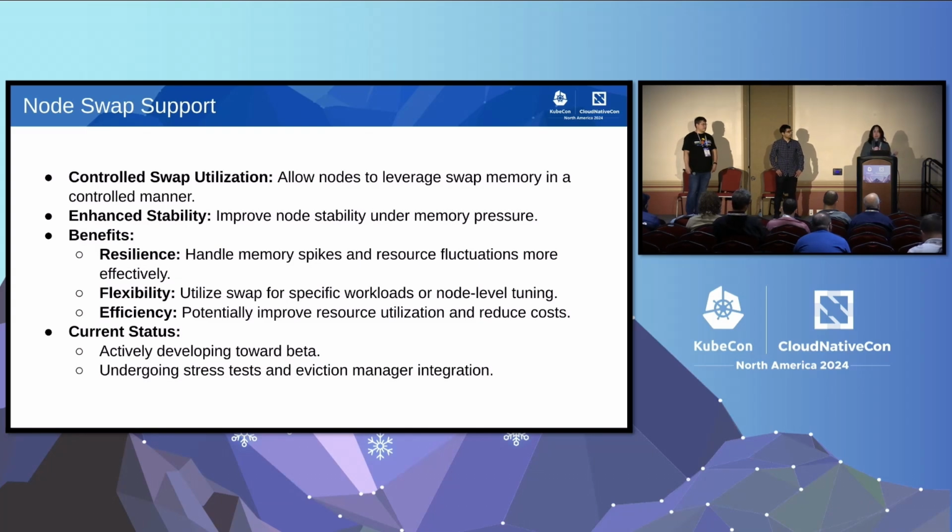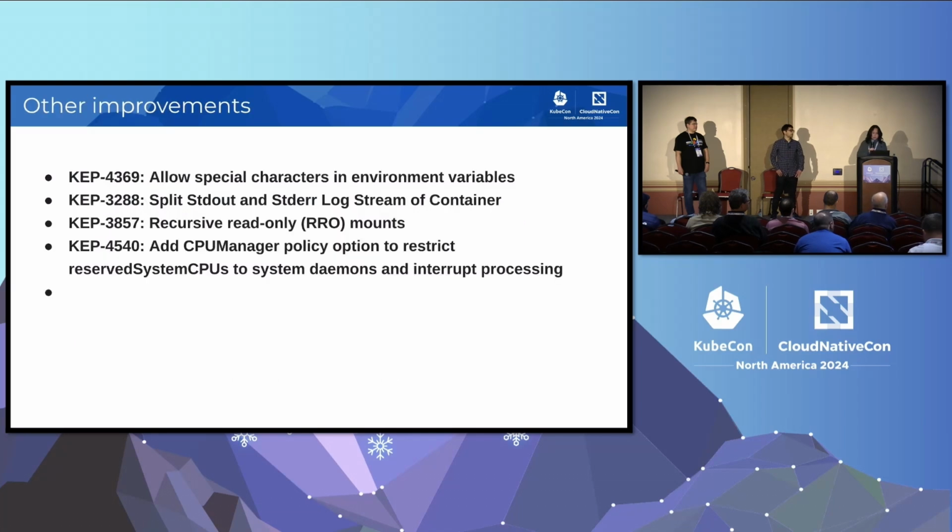But this is a high priority. So hopefully next time I report back, this is already beta or GA. So yeah, now I'm going to hand over to Manu for other things.